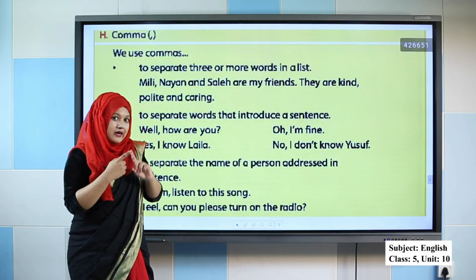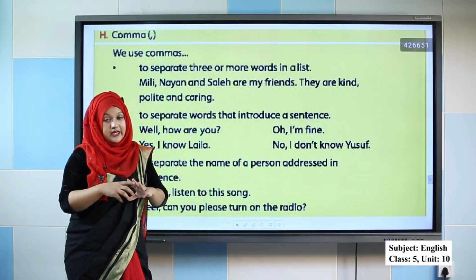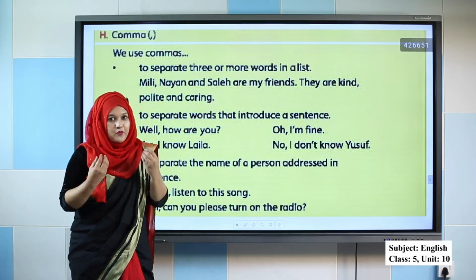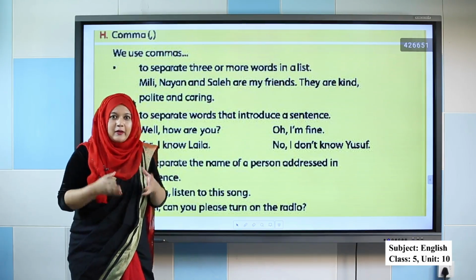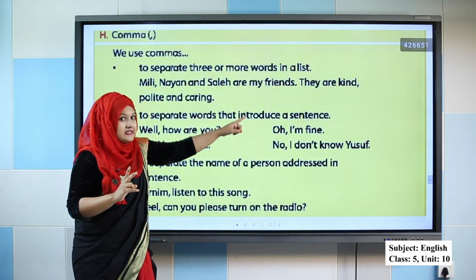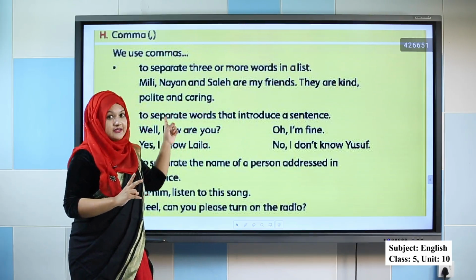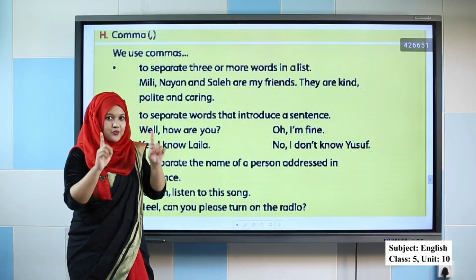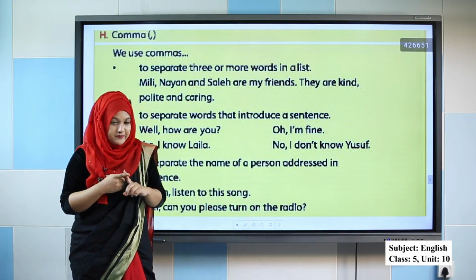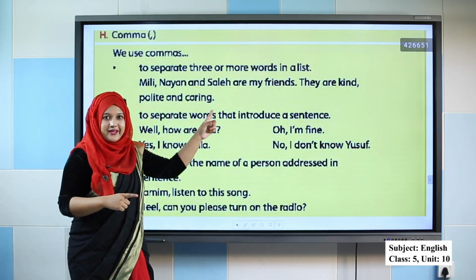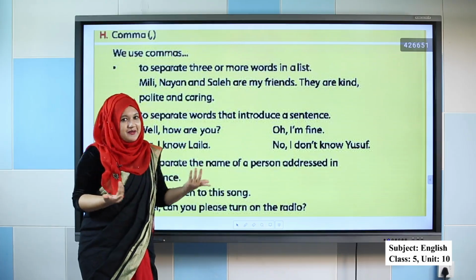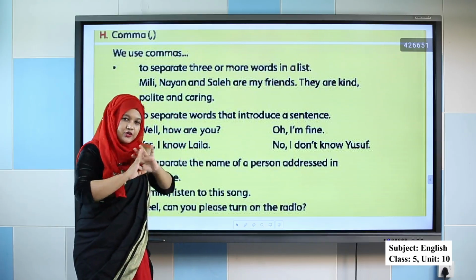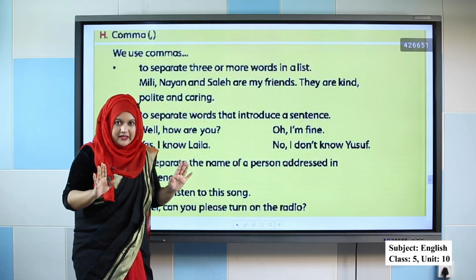So, kind, polite, caring, 3 words need to be separated. But how? We will use comma between kind and polite, right? We will separate those 2 words with comma. But polite, caring, those 2 words are separated by the word and. So, there is no need to use comma between them.